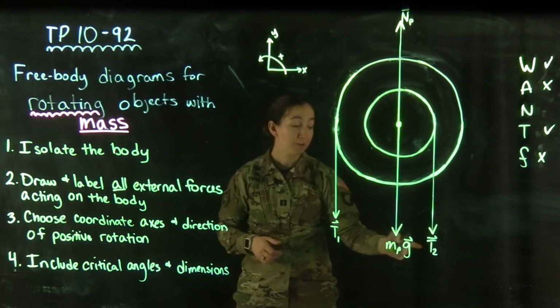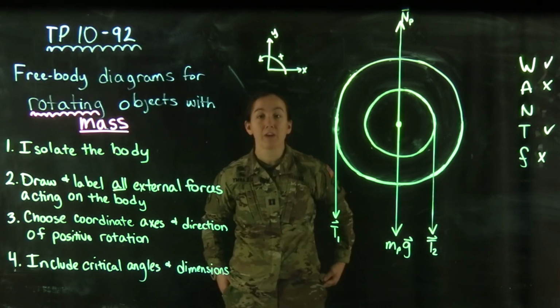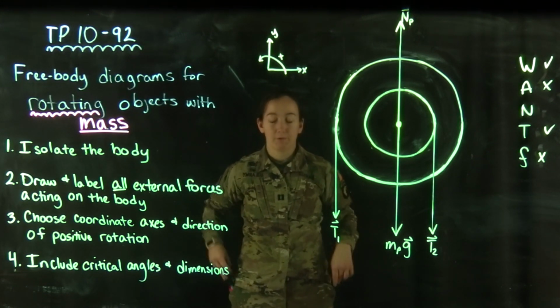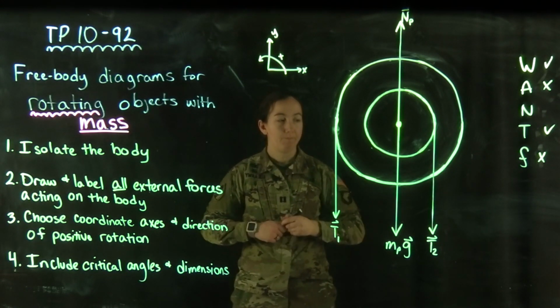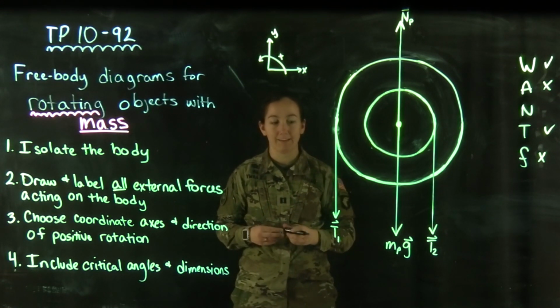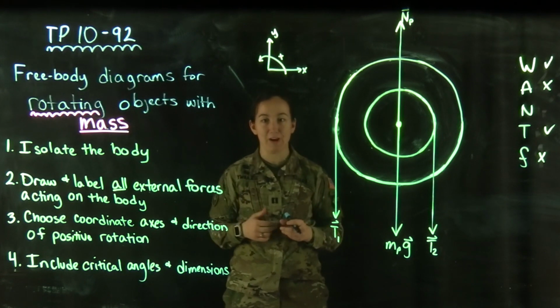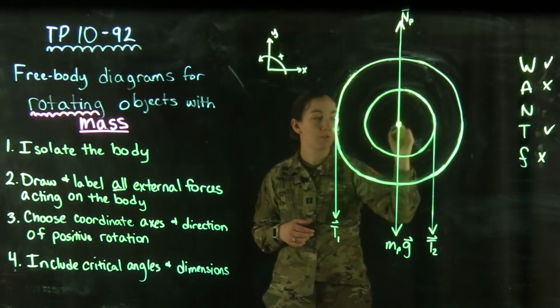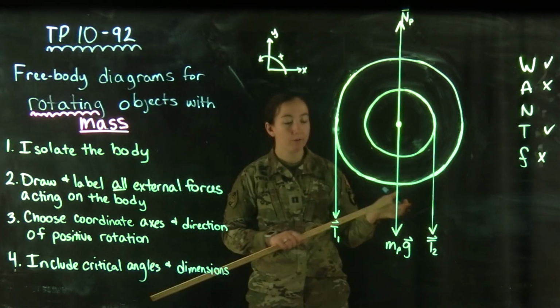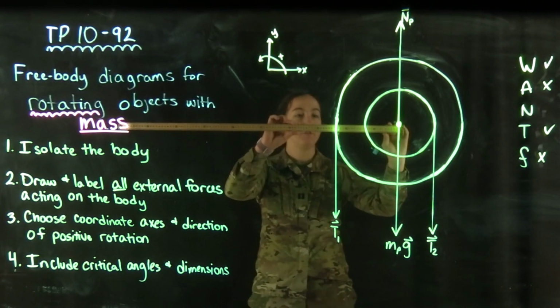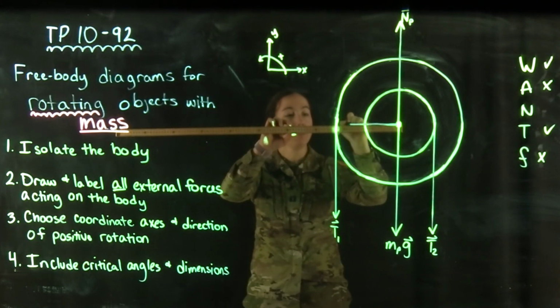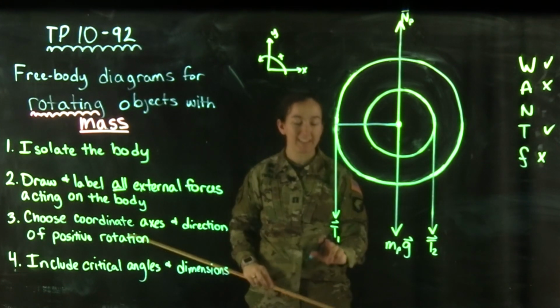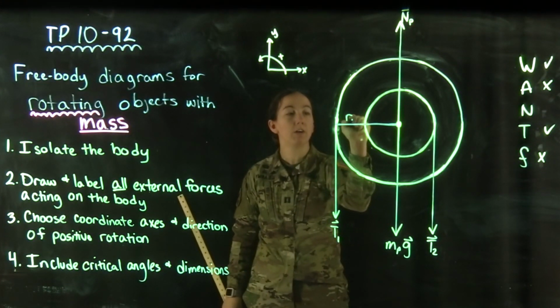But our tension 1 and our tension 2, those two forces do create torque if you take that cross product. They do not start at the axes of rotation. They start some distance away. So I'm going to draw 2 lines here, and I'm going to label them different colors to really make them stand out. I'm going from the axis of rotation to the point of application of my tension 1, and I'm going to label this R sub 1.